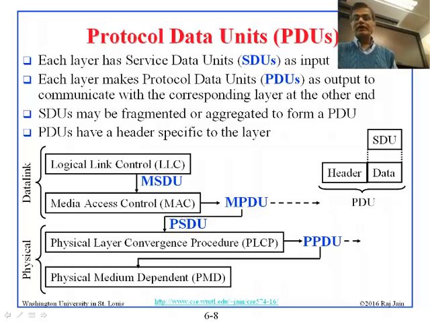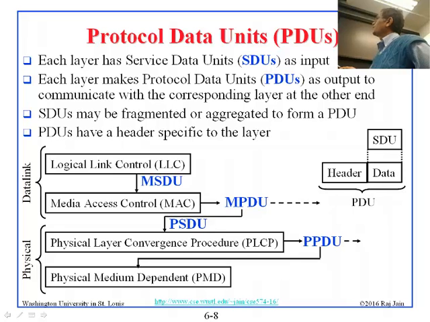So whatever comes in here to LLC would be LLC SDU. Then it sends it down to the MAC layer, that will become MAC SDU. And then it sends it down, that will become that layer's SDU. So every layer has input and output. The output of one layer becomes the input of the other layer. So when I say MSDU from now on, that means MAC SDU.